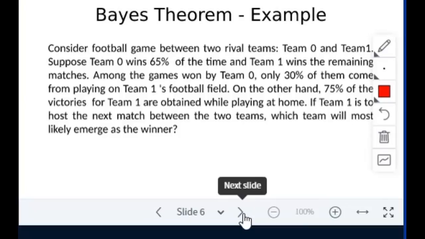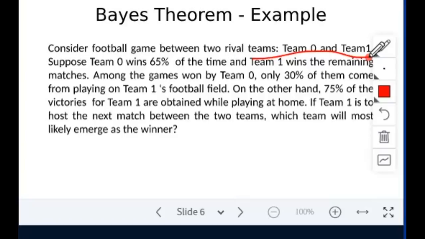So let us take a simple scenario about playing games. You can just read it out here. Consider a football game between two rival teams. The team names are given as Team 0 and Team 1.